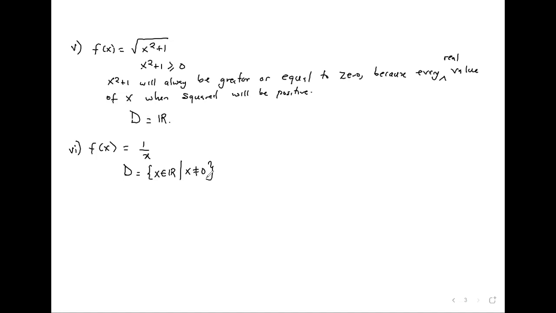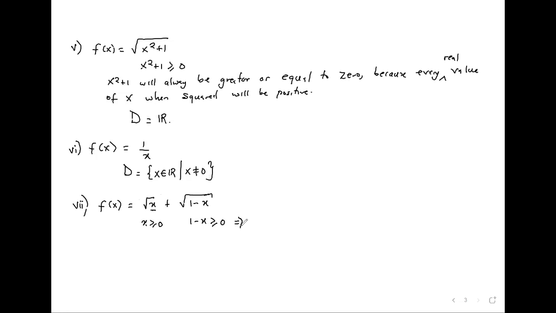So if I add something on the same question, I'll call it the seventh part. f of x is equal to root x plus root 1 minus x. Find the domain. So how do you get the domain of this function? We know that x should be greater or equal to 0 for this piece. 1 minus x also should be greater or equal to 0.